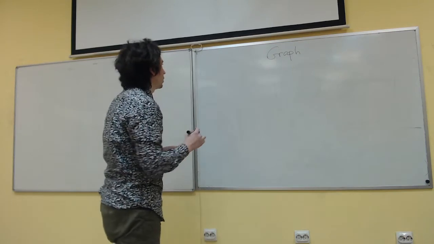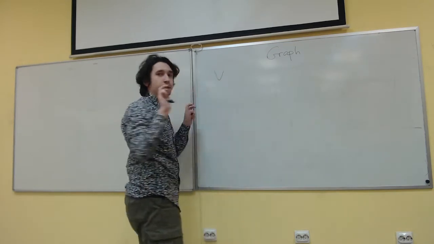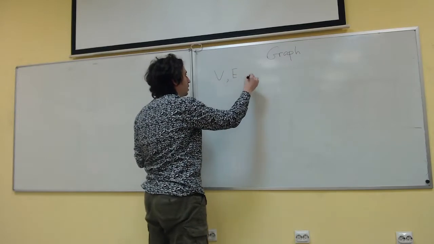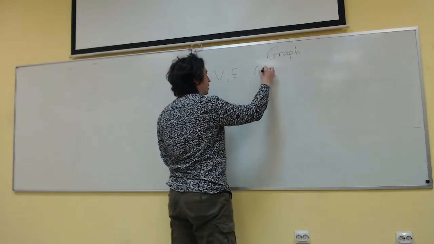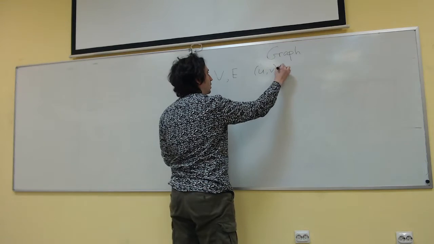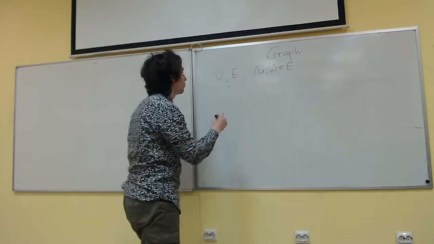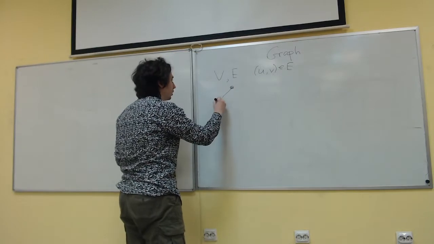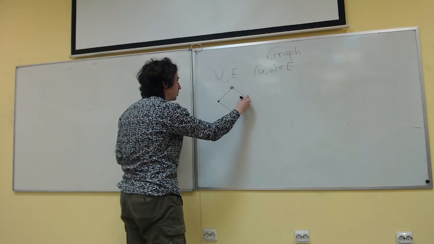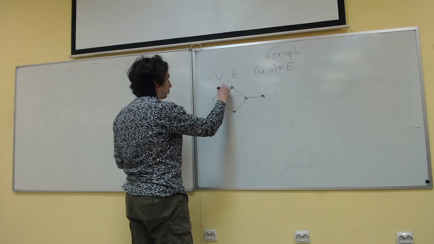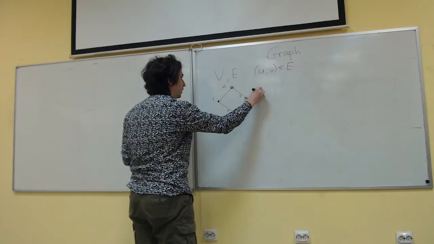Graph is a set of vertices, kind of points, and edges, where each edge consists of two vertices, and that there is an edge between u and v. So for example, here is the graph. 1, 2, 3, 4, 5.